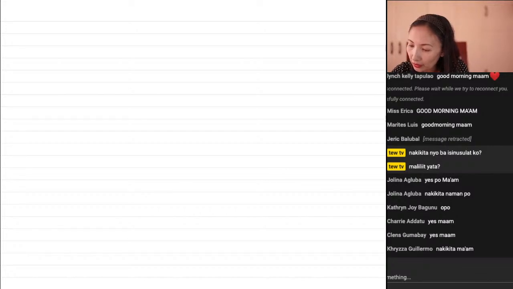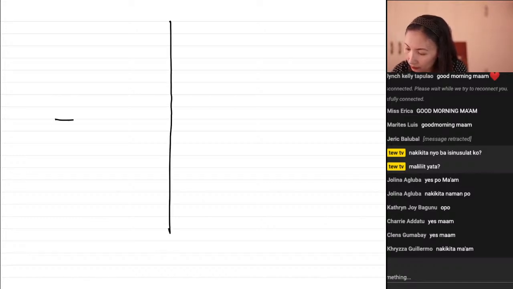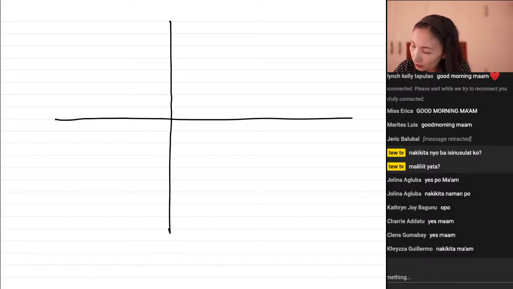So how would the graph look like? Okay, 1, 2, negative 1, negative 2.